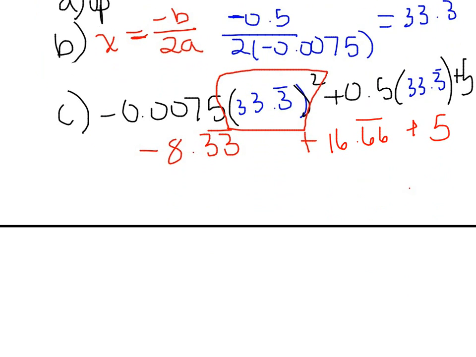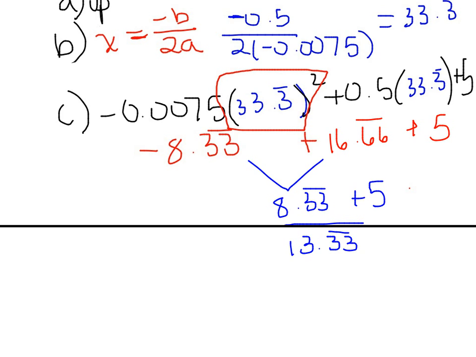So we'll combine these two first. This is going to be negative 8.33 plus 16.66, which gives us 8.33333 continued, plus 5. That's going to be 13.333333333 continued. And so now that's our y value.